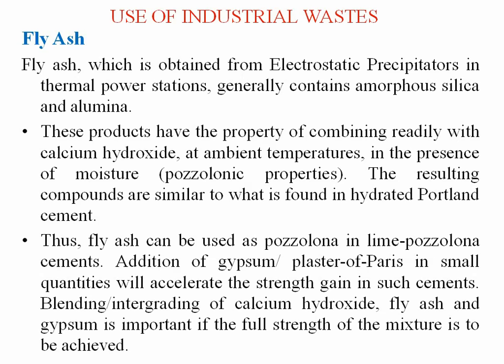As we all know, fly ash is obtained from the electrostatic precipitators in thermal power stations, and it generally contains amorphous silica and alumina. These products have the property of combining with calcium hydroxide at ambient temperature in the presence of moisture, that is, pozzolanic properties.